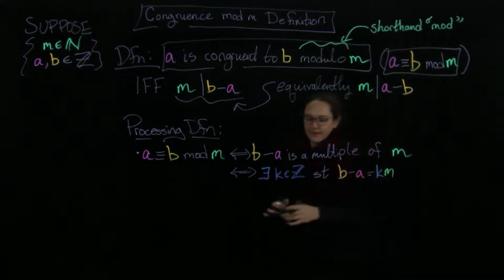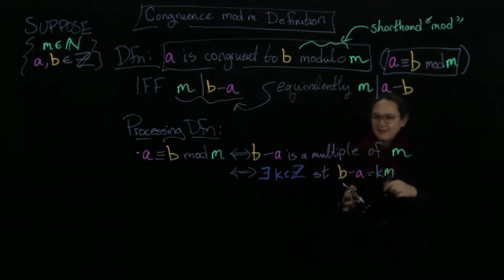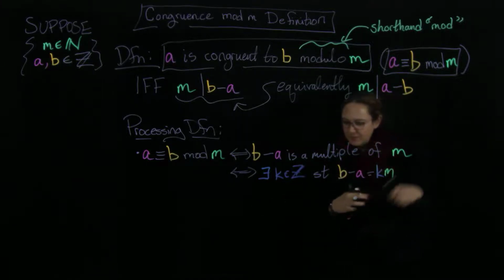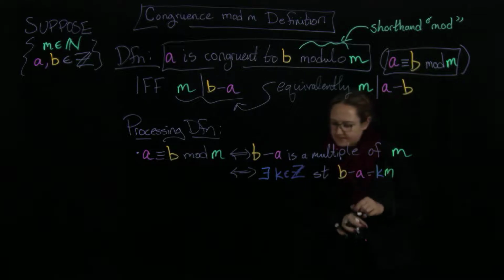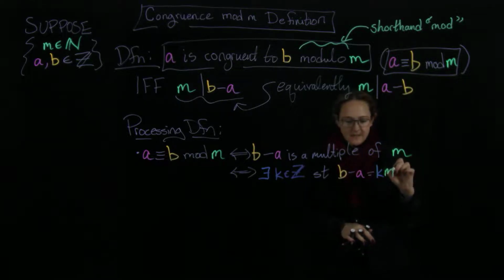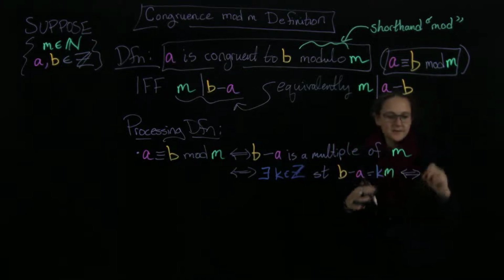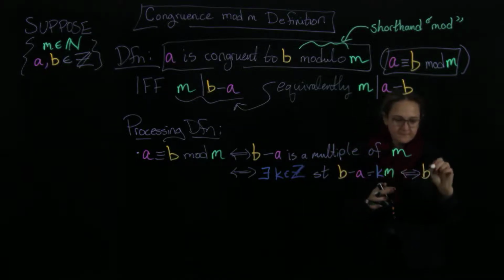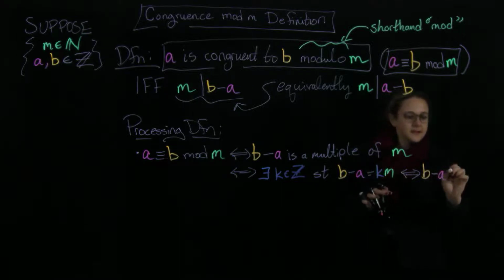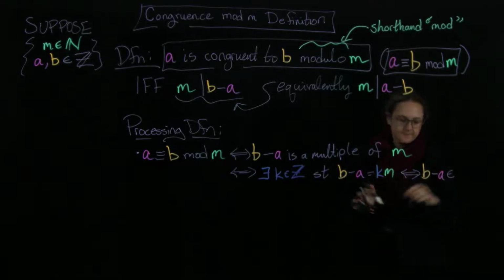And then there are a few more ways to write this. We could also write that B minus A is contained in MZ.